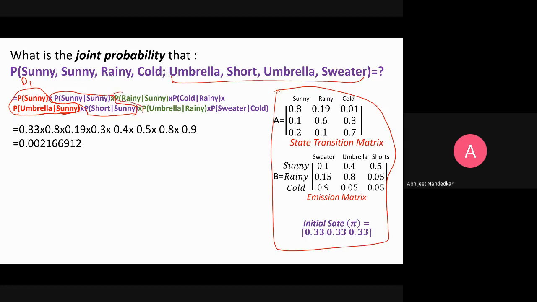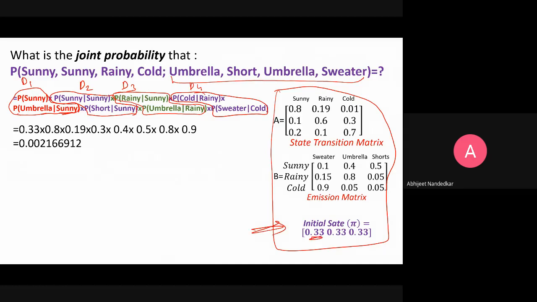So what is the chance that he will come with an umbrella? So this is day 2, this is day 3, and day 4 is sunny to cold, sorry, rainy to cold. And when you have cold, what is the chance that a person will come with a sweater? So these 8 probabilities you can directly obtain from this information.